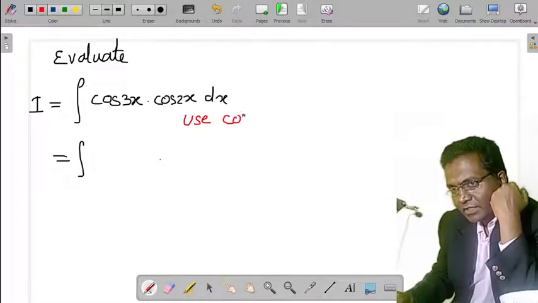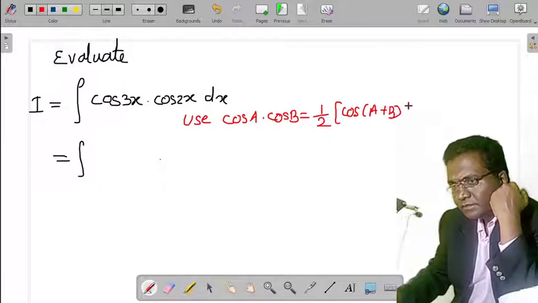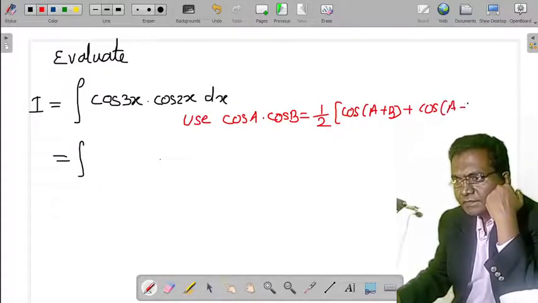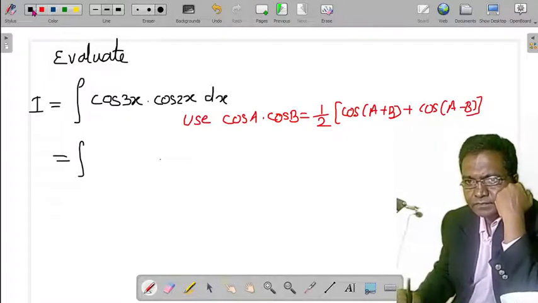What is cos A cos B? Cos A cos B is 1 by 2 cos of A plus B plus cos of A minus B. Okay, so I had given you this, so use that.